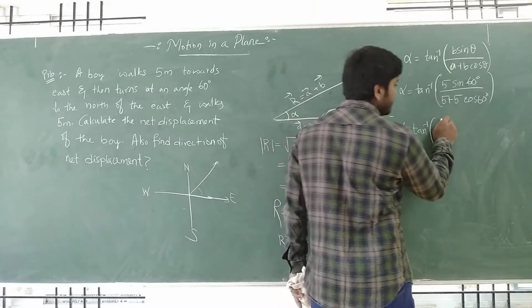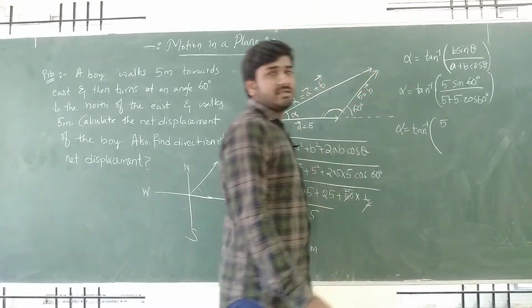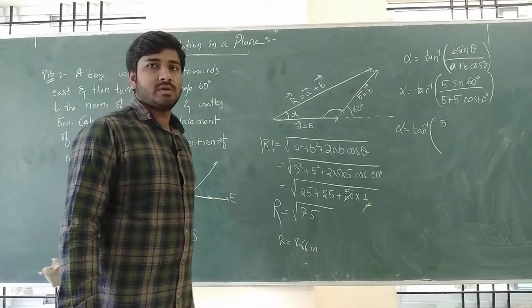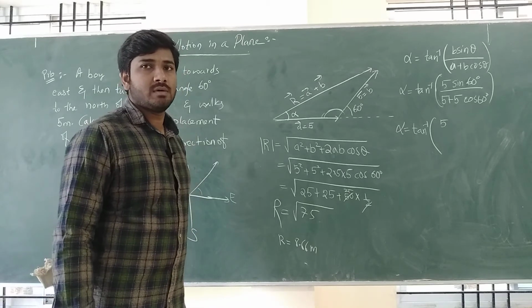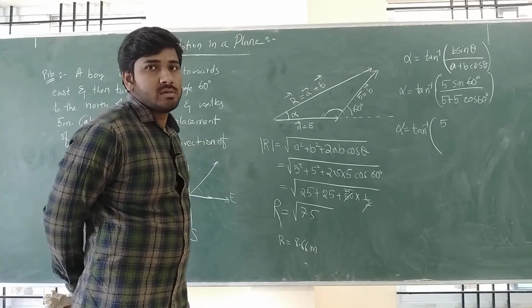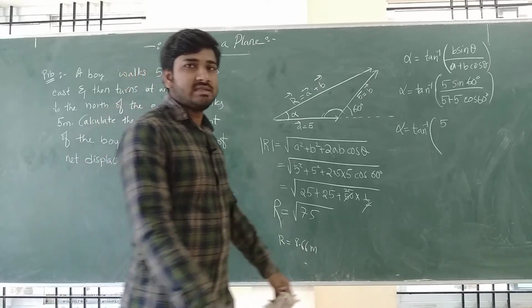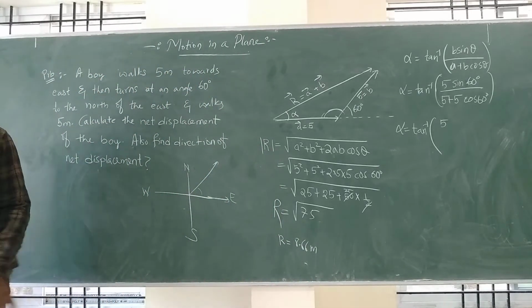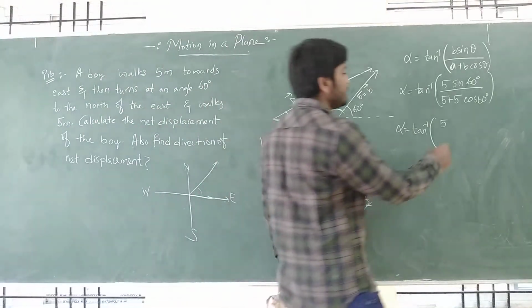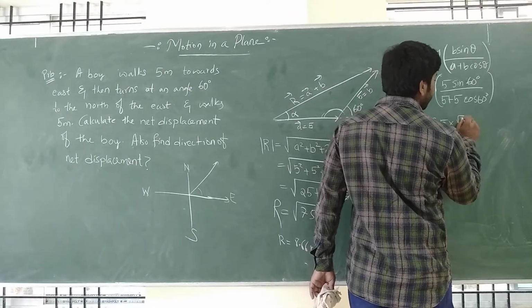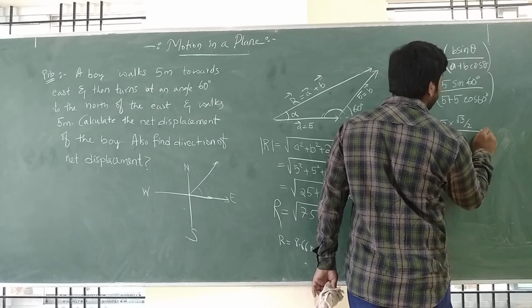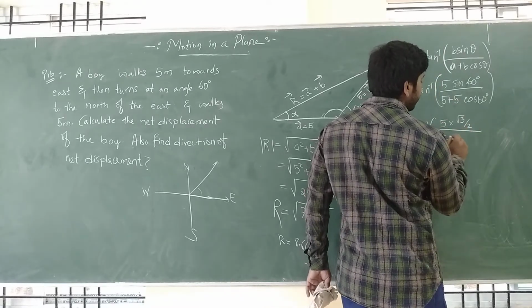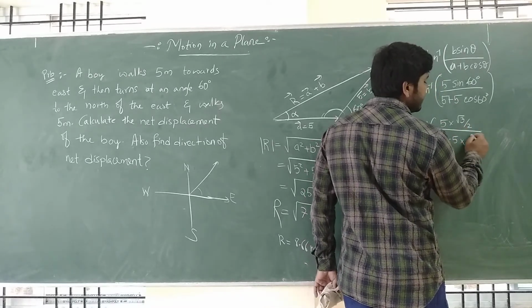Now just see, alpha is equal to tan inverse of b, that is 5 sin 60. What is sin 60? Root 3 by 2, isn't it? Sin 60 is root 3 by 2. So root 3 divided by 2, divided by 5 plus 5 into cos 60, which is 1 by 2.